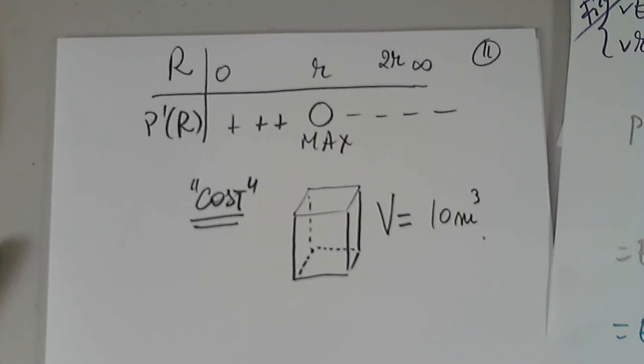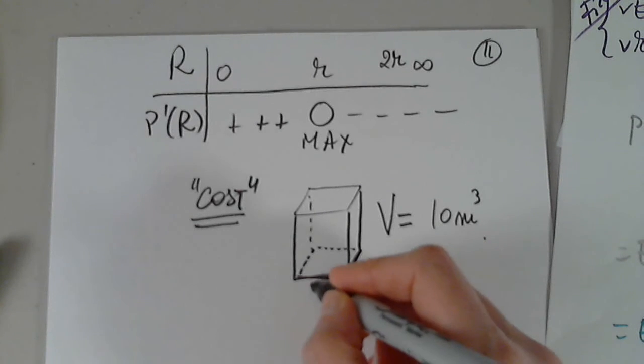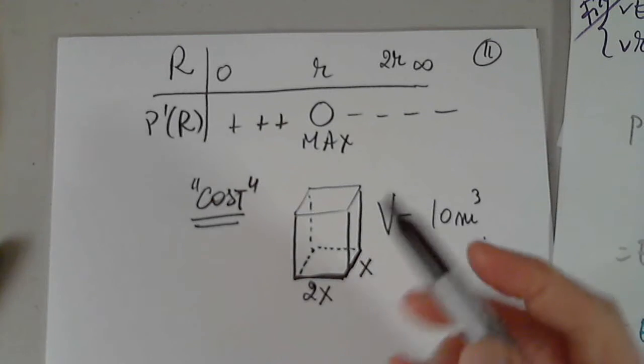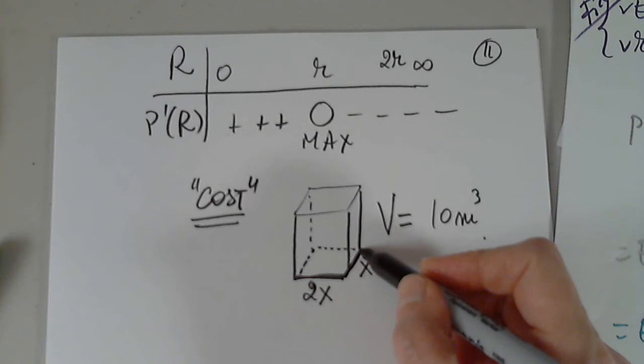The length of its base is twice the width. If I call this x, then this will be twice x. The length of the base is twice the width.